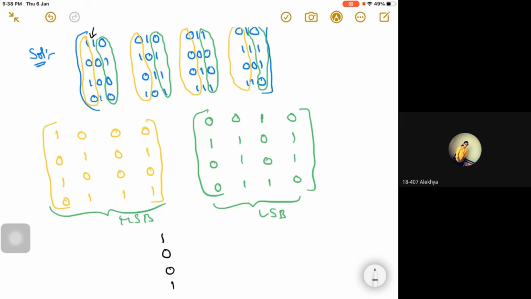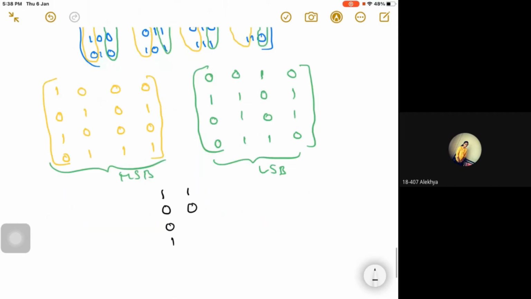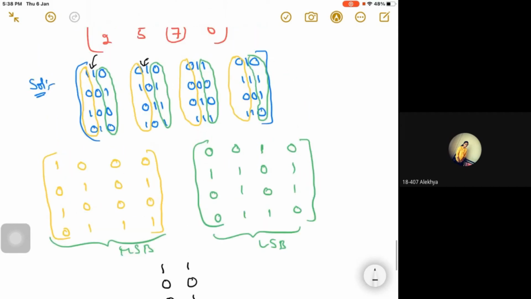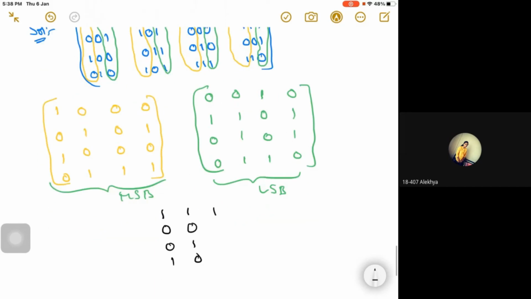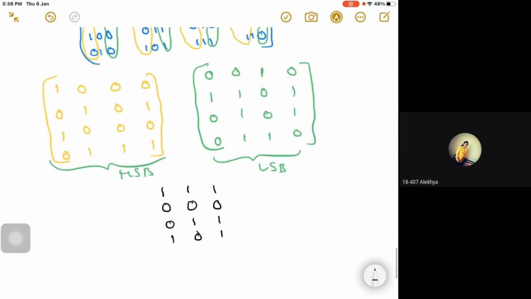Next, these 4 elements. What are those? 1, 0, 1, 0. Next, 1, 0, 1, 1. These 4: 1, 0, 1, 1. Next, these 4: 1, 1, 0, 1. So this is the middle plane.